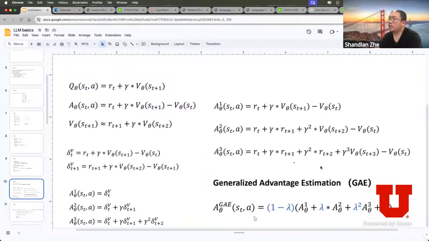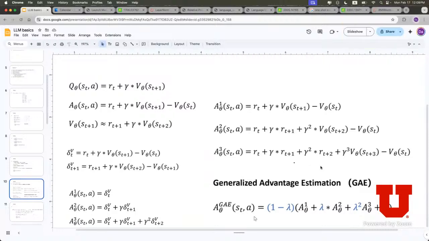Yeah, but I still can't see why calculating A theta 1, 2, 3 would increase the variance. Because the terms always have V theta S_T, right? Then the coefficients for V theta S_T plus 1, S_T plus 2, S_T plus 3 are smaller and smaller.